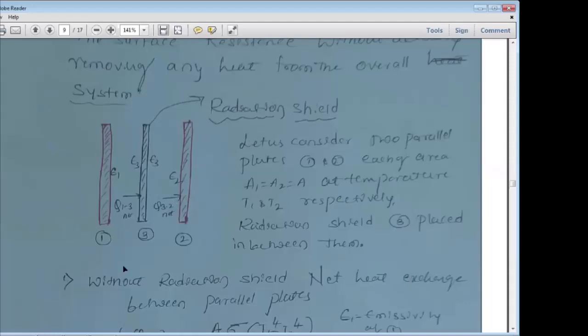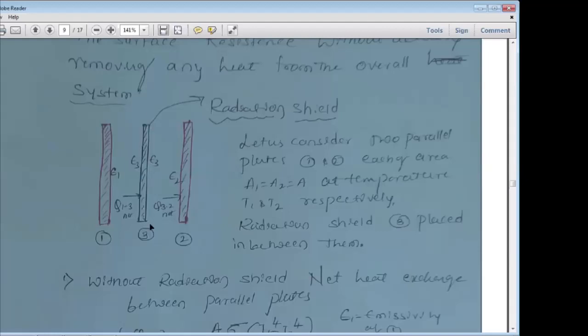For balancing the heat transfer, Q13 net is equal to Q32 net. These plates may have equal or different temperatures. Plate 1 has a temperature T1, plate 2 has a temperature T2, and the shield is at a temperature T3.